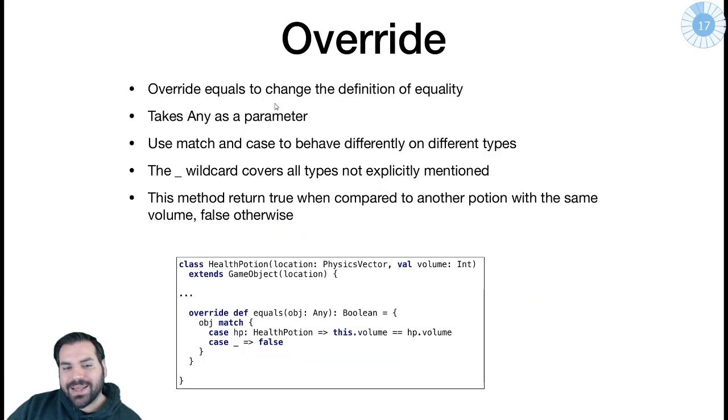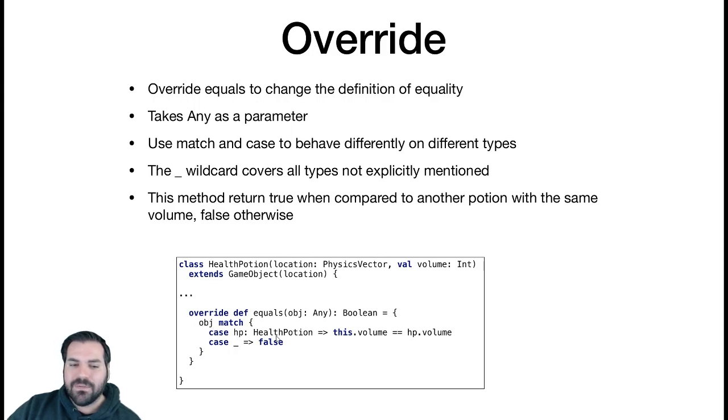We can also override the equals method in a similar way. Here I'm going to use a match case statement, something I don't think we want to talk about too much right now. You got enough to digest with polymorphism. But suffice to say, this is going to have different functionality based on the type of the input, the type of object in this case. So the equals method always takes something of type any, and we use the match case statement to check the type.